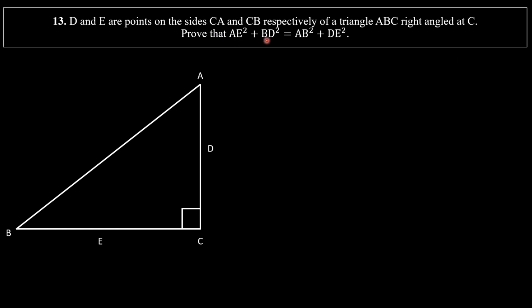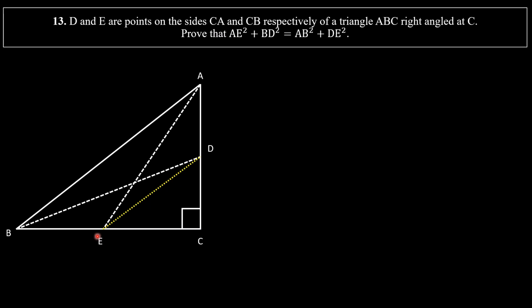We need to prove that AE square plus BD square is equal to AB square plus DE square. So in this triangle, let's join A to E, B to D, and D to E as well.